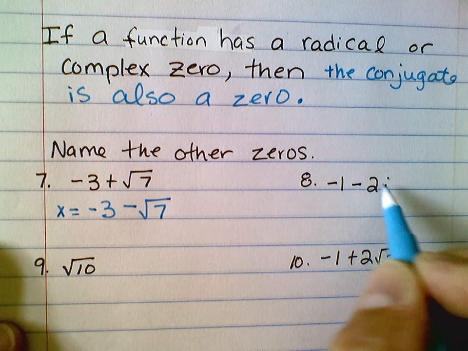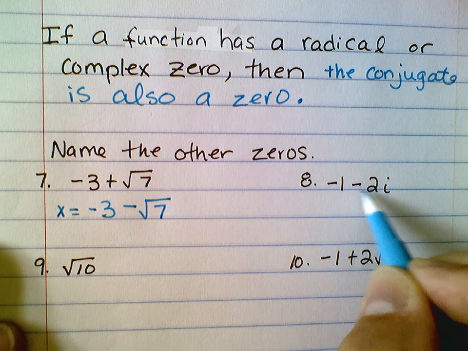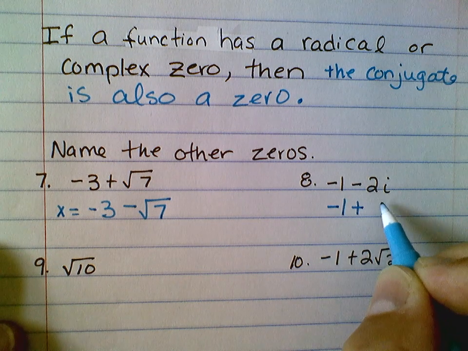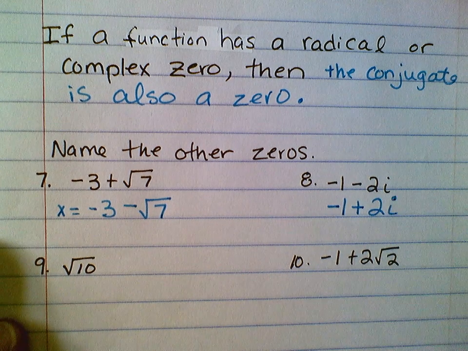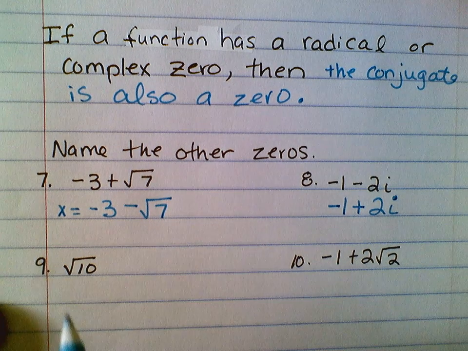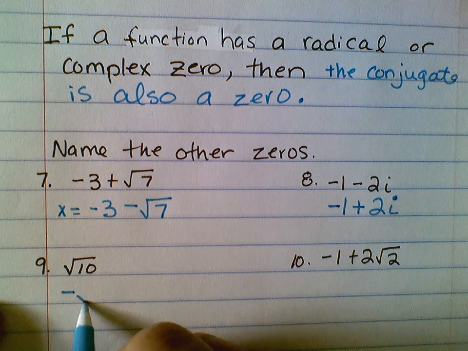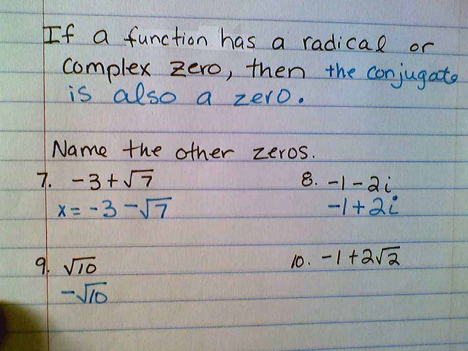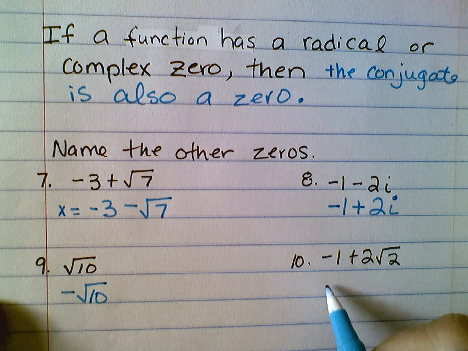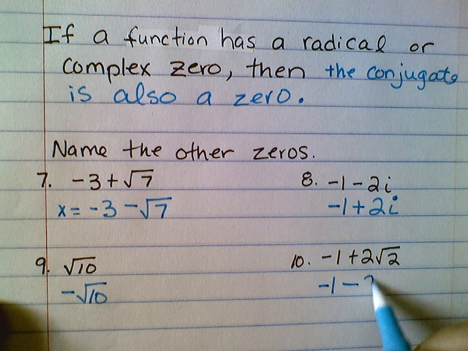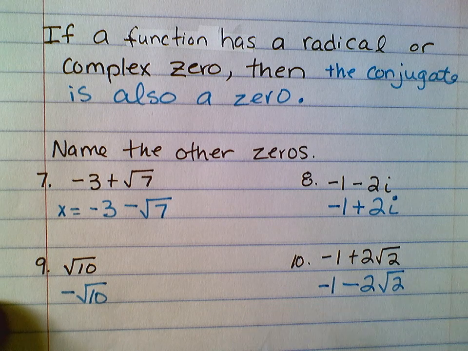If I have a solution here, negative 1 minus 2i, I will also have the solution negative 1 plus 2i. Here, if I have a positive square root of 10, I also have a negative square root of 10. And for this one, the other solution would be negative 1 minus 2 times the square root of 2.